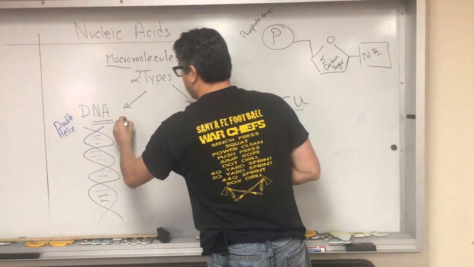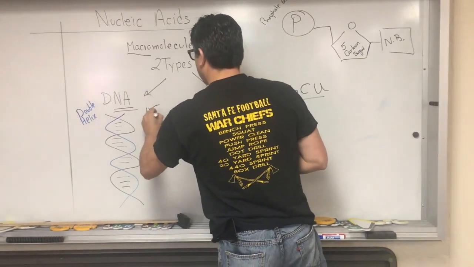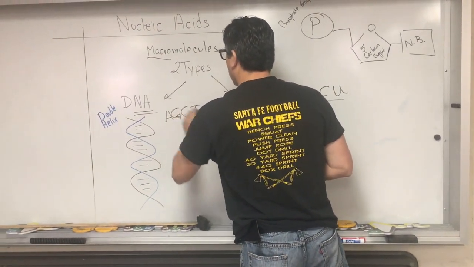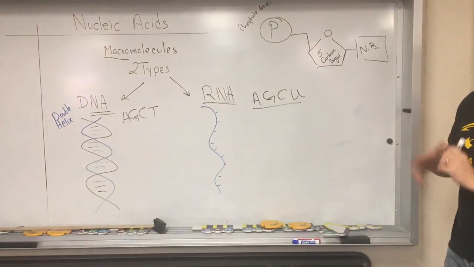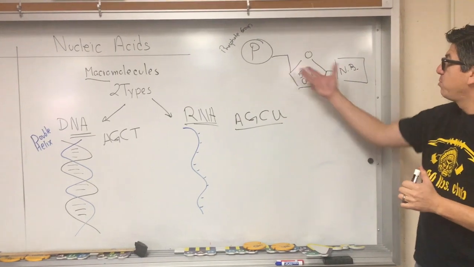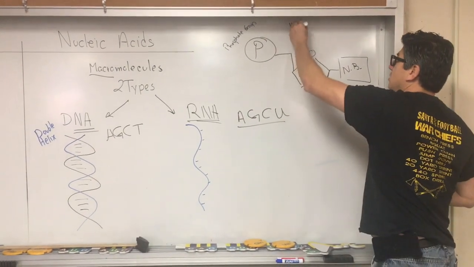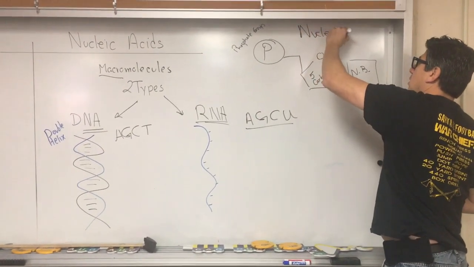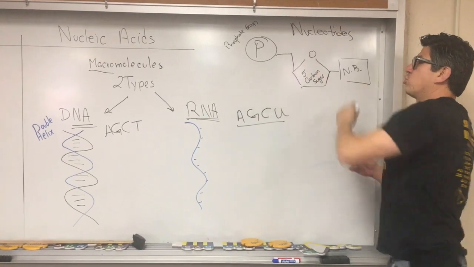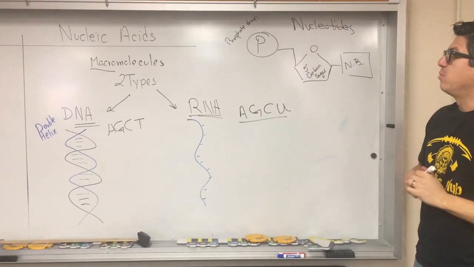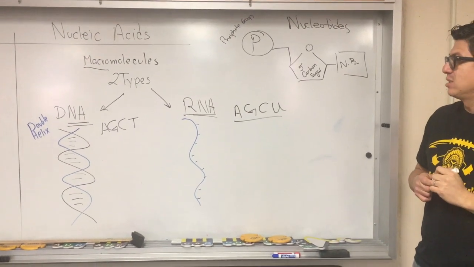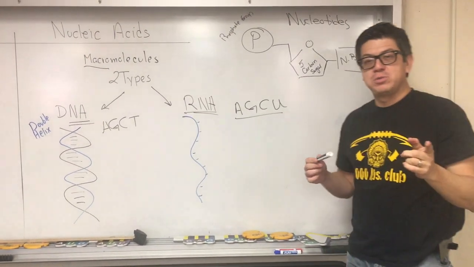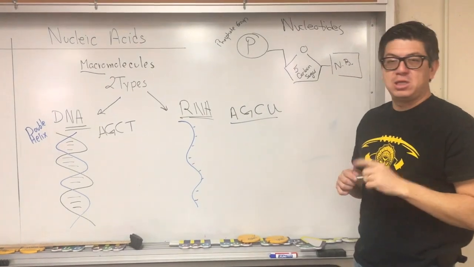DNA will have adenine, guanine, cytosine, or thymine as its nitrogenous bases. Because these molecules are so related, they're both made out of nucleotides, but their structures are slightly different. That's why they're called nucleic acids. Hopefully this helps. Have fun learning and see you in class.